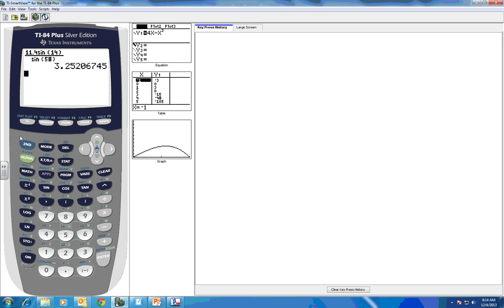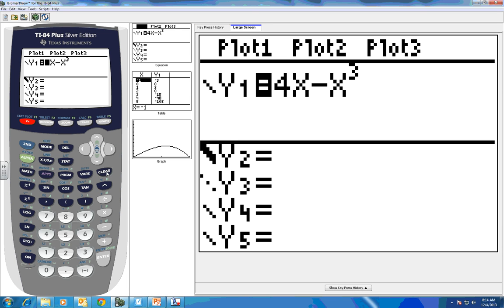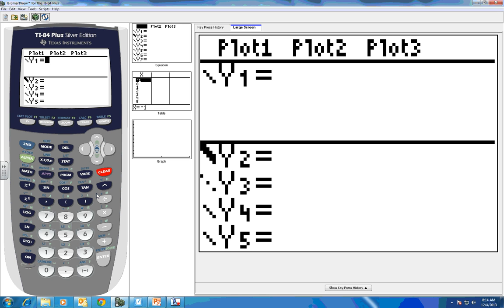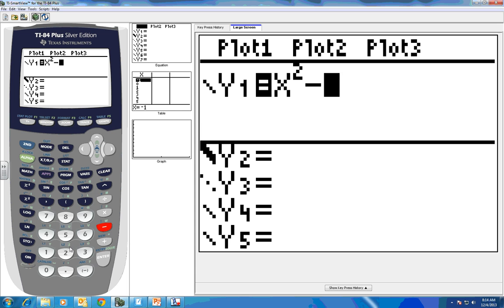All right, so in my y equals, I'm going to type in the equation that we had, which was x squared minus 2x, what was it, minus 3.